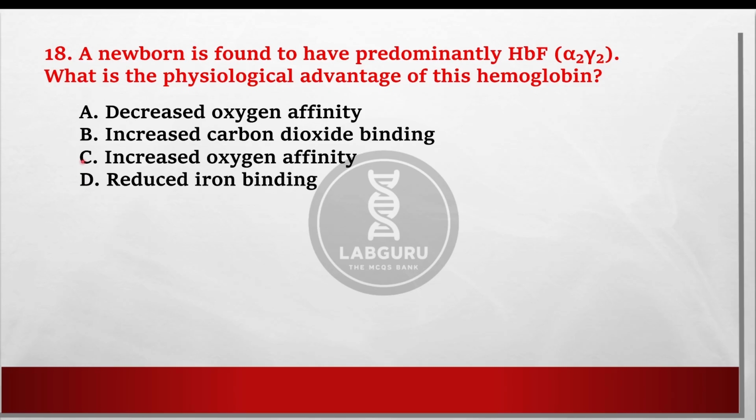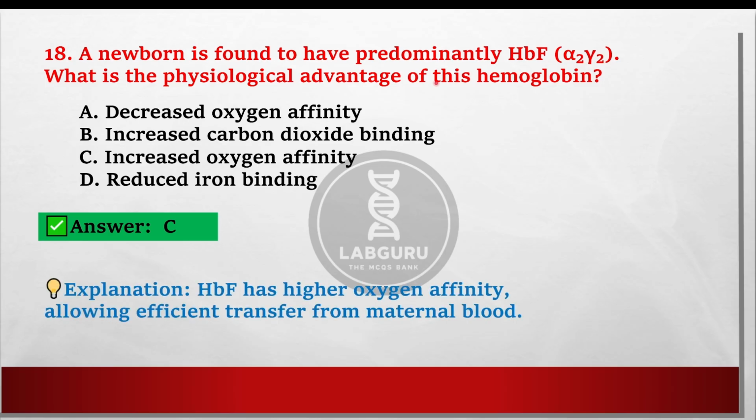Option C, increased oxygen affinity. And option D is reduced iron binding. As we know, fetal hemoglobin is normal for newborns. But what is the physiological advantage of this? So here the right answer is option C, that is increased oxygen affinity.